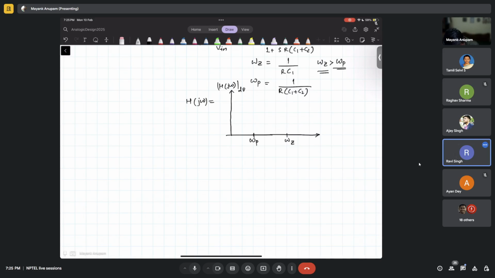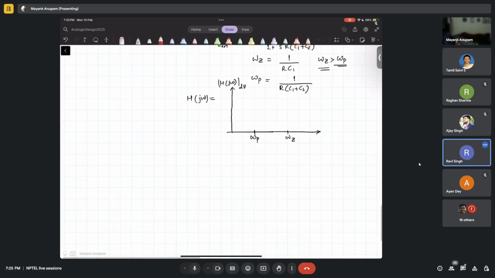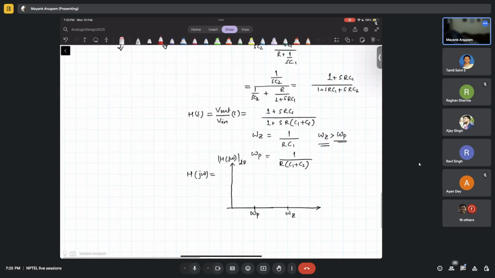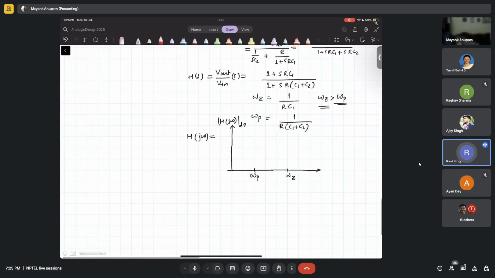So how will this look? At very low frequency, what is the gain? H of j omega is 1.